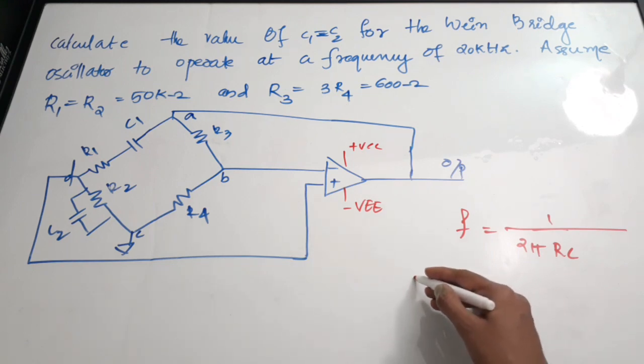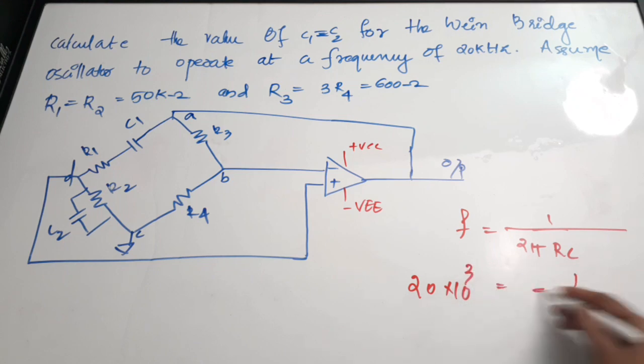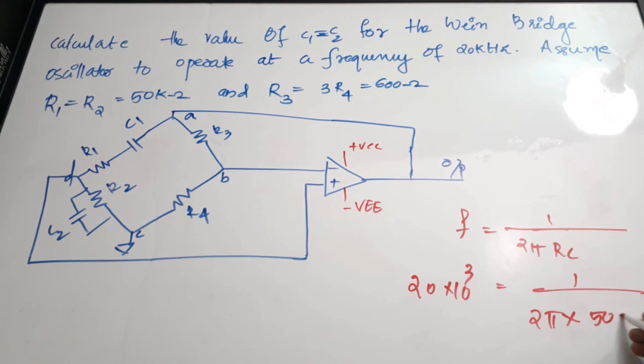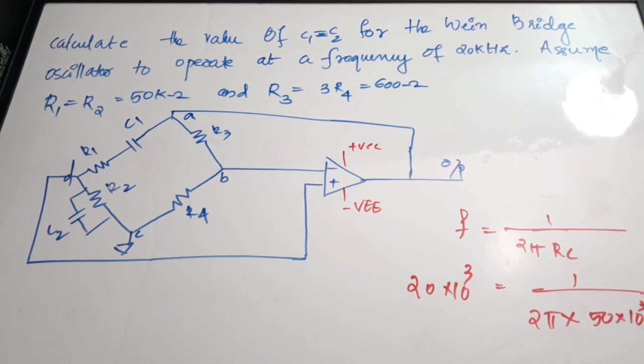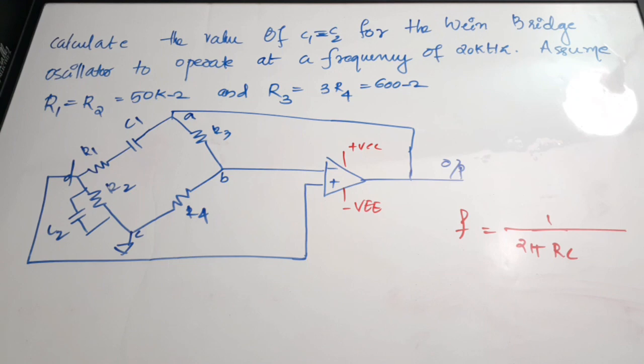So F is 20 kilo, which means 20 into 10 raised to 3, is equal to 1 by 2 pi into R, and R is 50k. So 50 into 10 raised to 3. I hope you can see. I'll write it here.